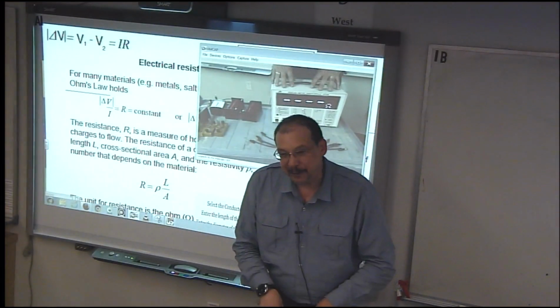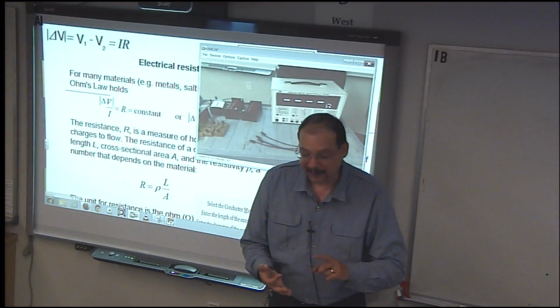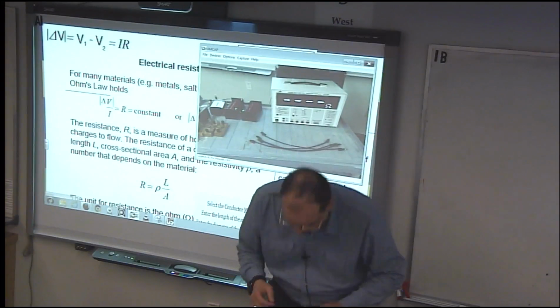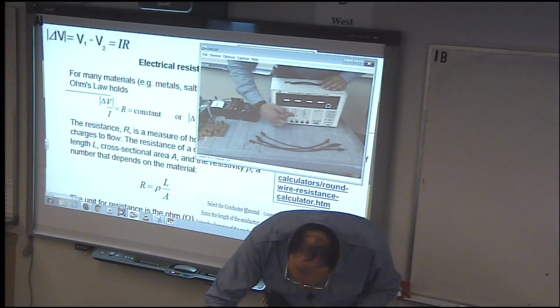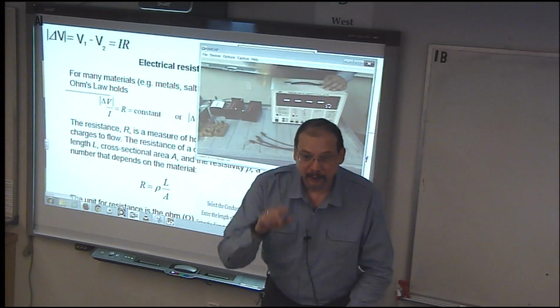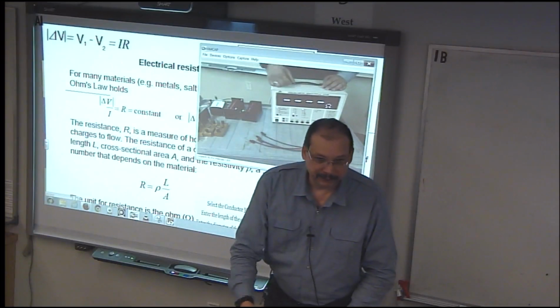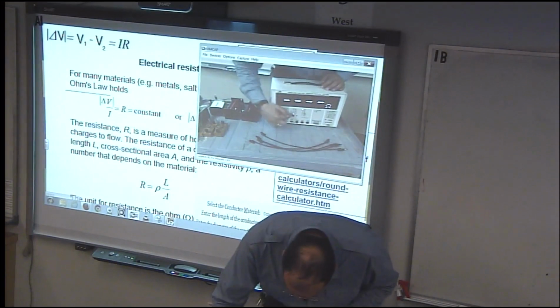It doesn't measure capacitance, but it measures voltage, electric current, and the resistance. Right now it is set to the resistance. This symbol is a unit of resistance, ohms. People used to write OHM. Now they write a capital omega, resistance.